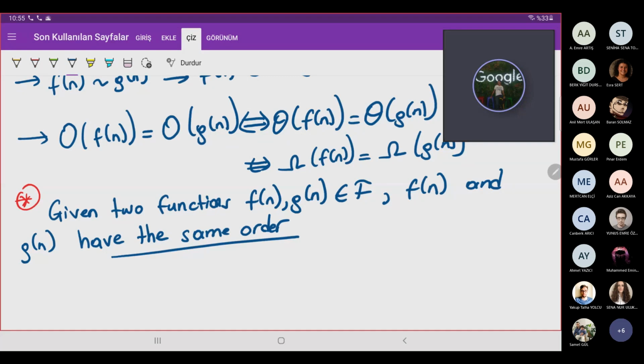Given two functions Fn and Gn, Fn and Gn have the same order if Fn is in theta Gn.